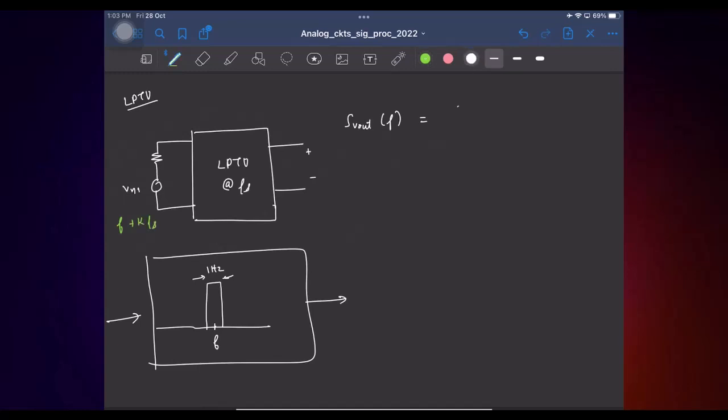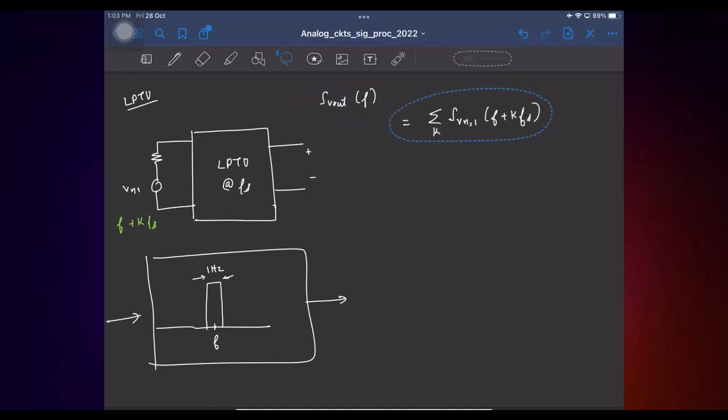So we'll have summation of SVN1 of f plus kfs, and how does it translate down to a frequency at f? Remember, the power spectral density is the input side power spectral density times the magnitude square of the transfer function. So this is magnitude square of the transfer function that governs the translation from f plus kfs to f. So what is that?